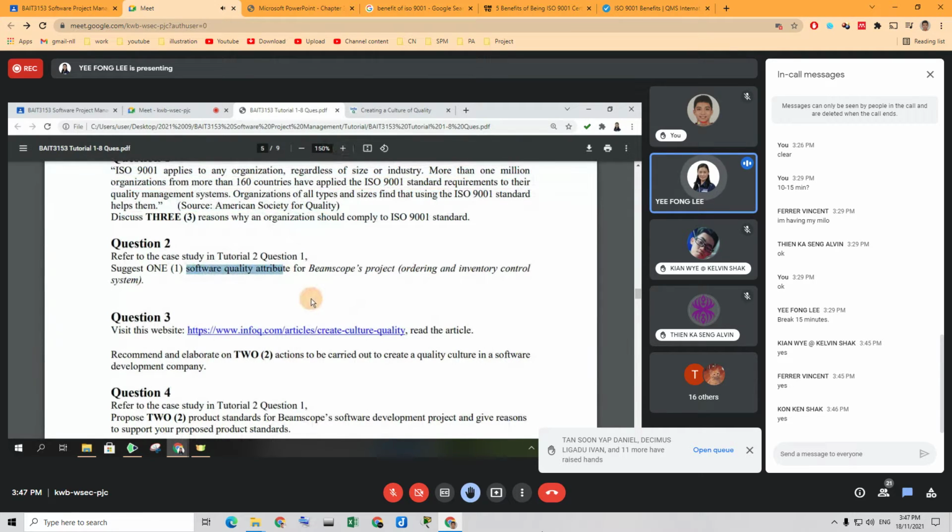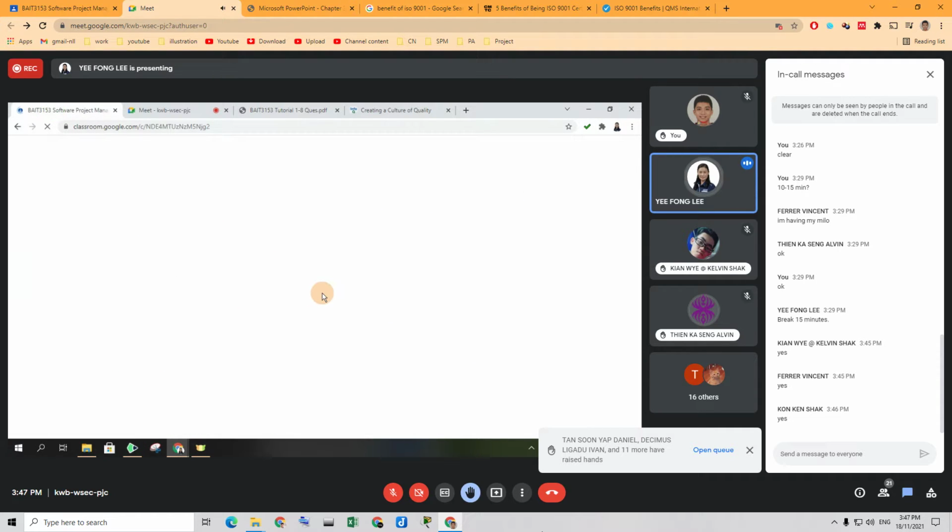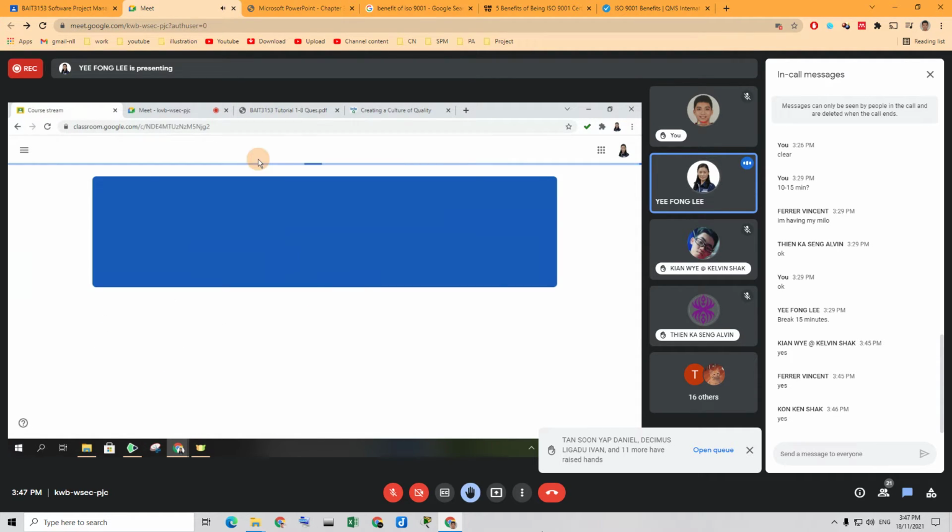So now what you can do is go and find out one software quality attribute that you want to measure. Explain why the quality is important to your project. Remember, in your project, everyone needs to have one attribute.